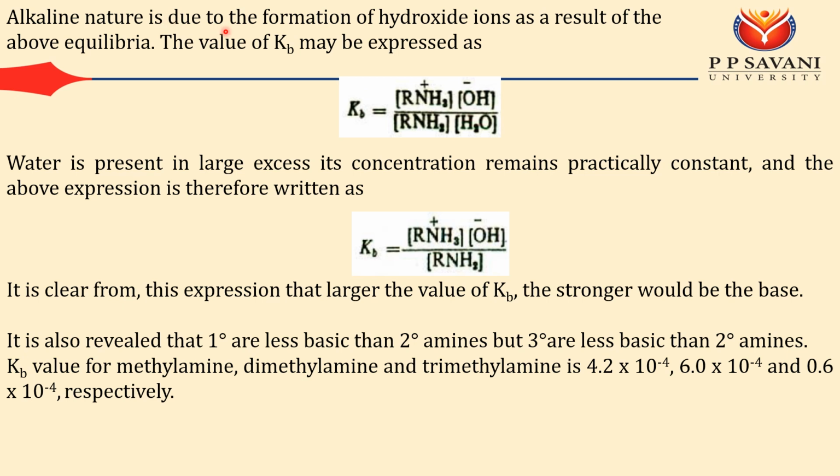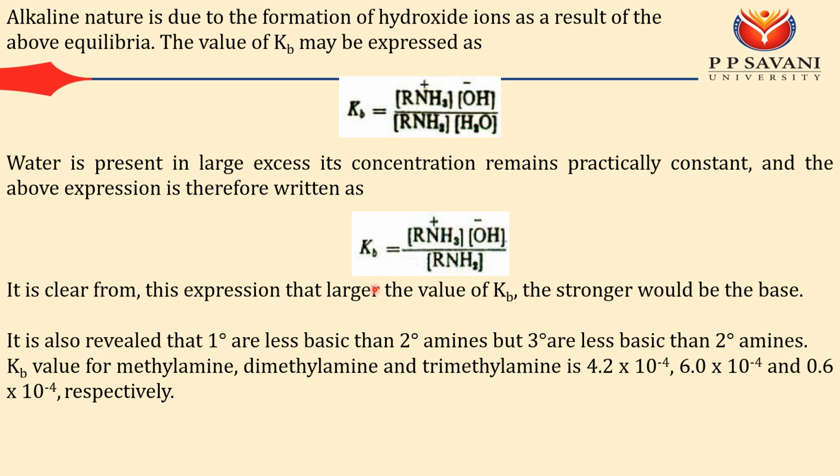You can easily calculate Kb from the equations below, and in these equations the amount of water is large, so you can treat it as constant. That's why you can calculate Kb via the following equation.